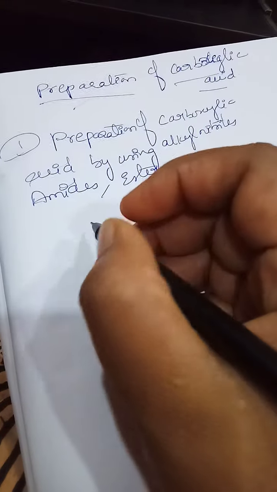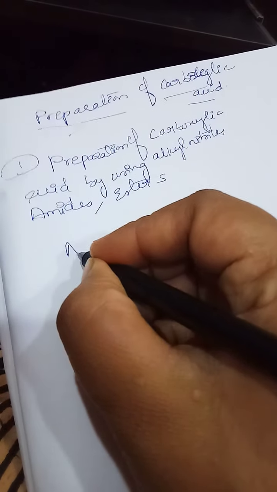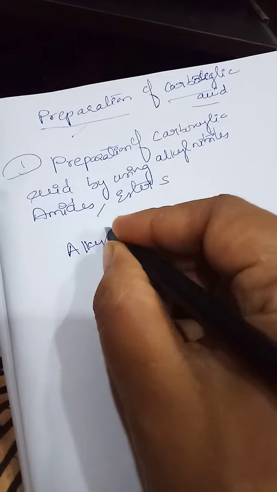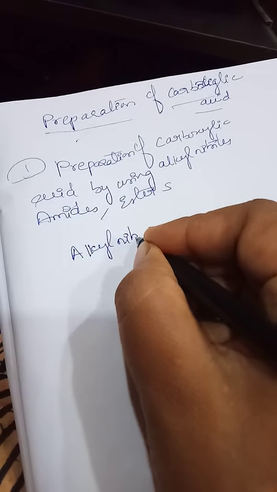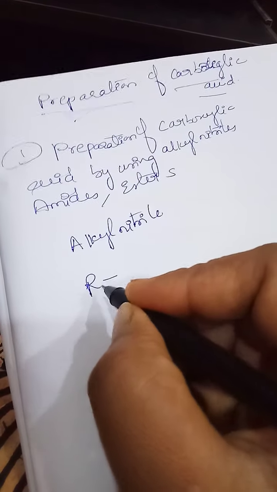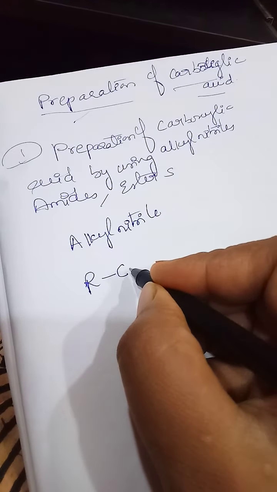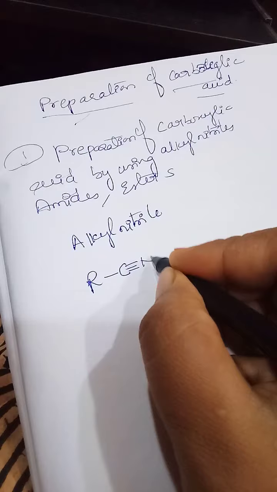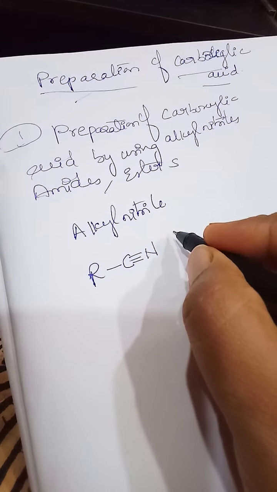Now let us see what an alkyl nitrile is. Alkyl means here I am writing R, and the nitrile is written as CN, the cyano group. So this is called an alkyl nitrile.